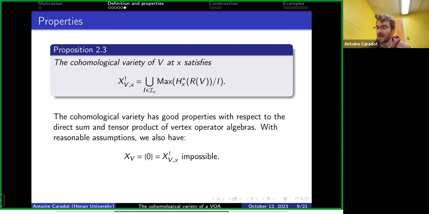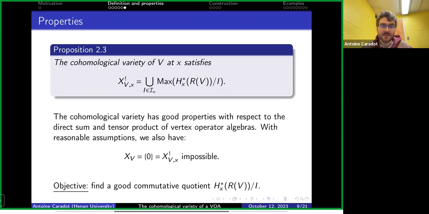An interesting property is that with some reasonable assumptions that we will see are satisfied later on, it is impossible to have both the associated variety and the cohomological variety being zero at the same time. So if one is crushed to zero, it makes something else pop up in the other realm, either the cohomology or the non-cohomology. But you cannot have both of them being zero at the same time for the interesting examples.